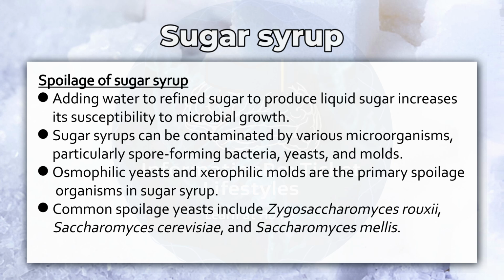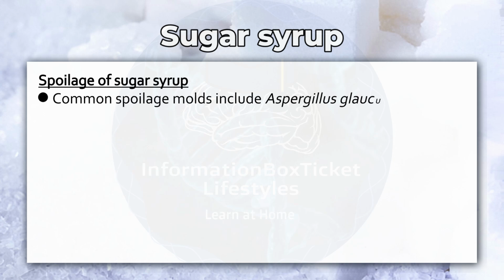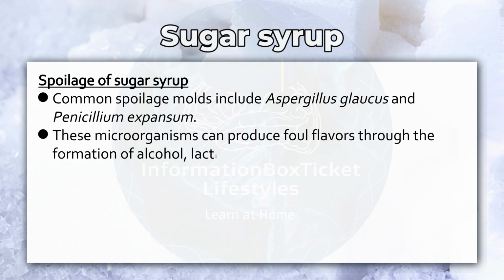Common spoilage yeasts include Zygosaccharomyces rouxii, Saccharomyces cerevisiae, and Saccharomyces bailii. Common spoilage molds include Aspergillus glaucus and Penicillium expansum. These microorganisms can produce foul flavors through the formation of alcohol, lactic acid, and other organic acids.